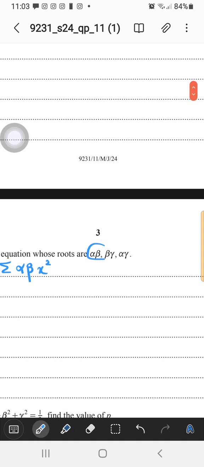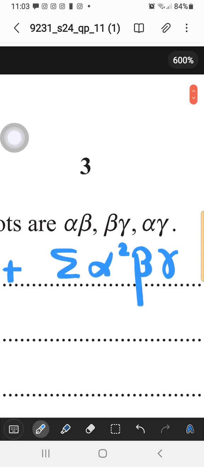Let me tell you why the sum of alpha beta, the sum of these three, plus the sum of alpha square beta gamma. How do we get this?